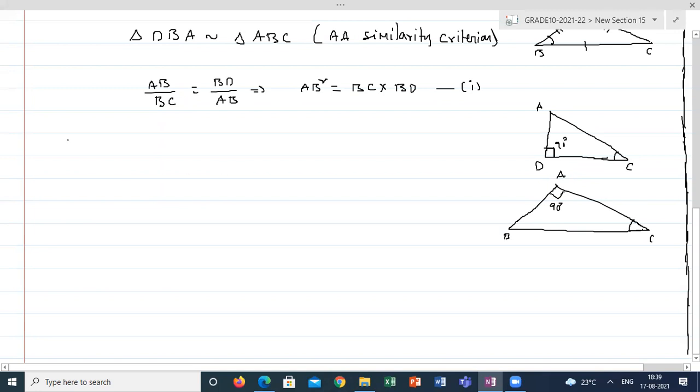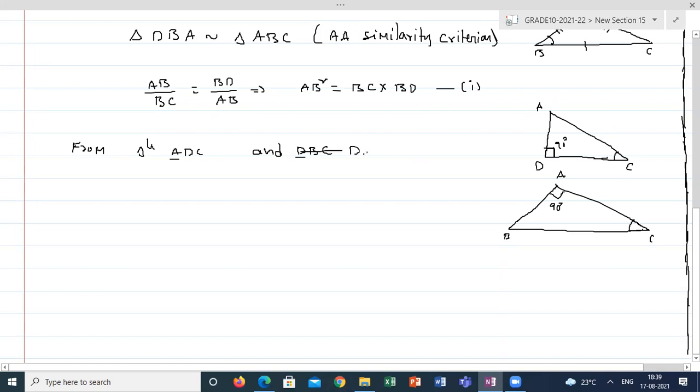So it is similar. Triangle ADC, and sorry, DAC, not DBC, guys.